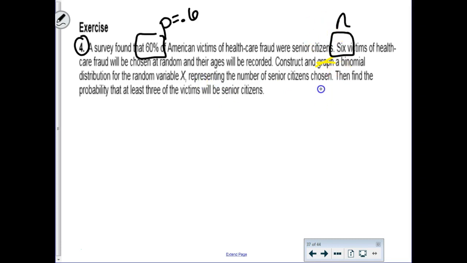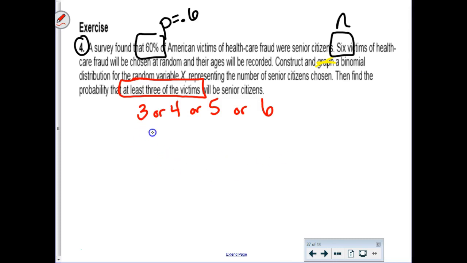They want to know the probability that at least 3 victims are seniors. So if I interpret that differently, that would be 3 victims, or 4 victims, or 5 victims, or 6 victims.